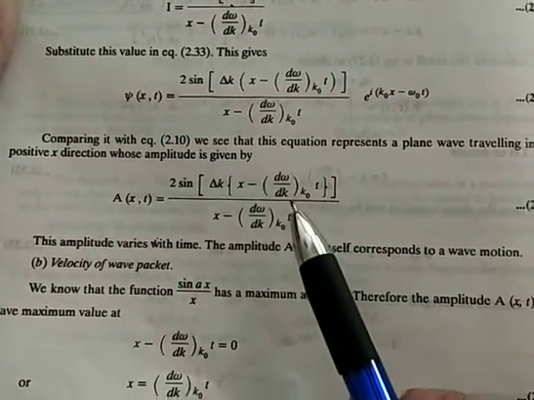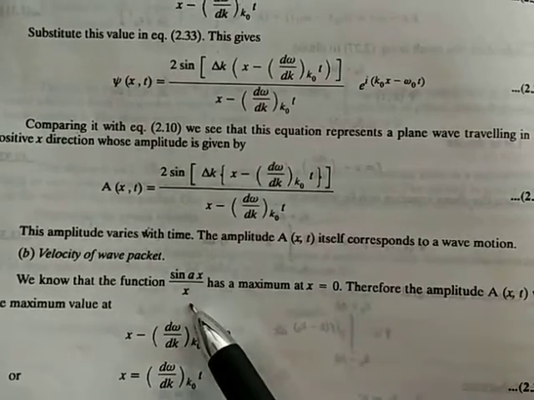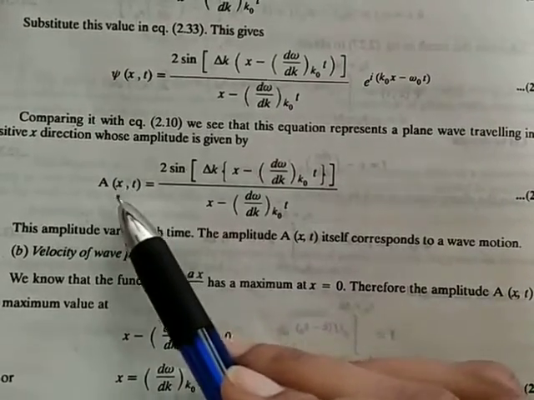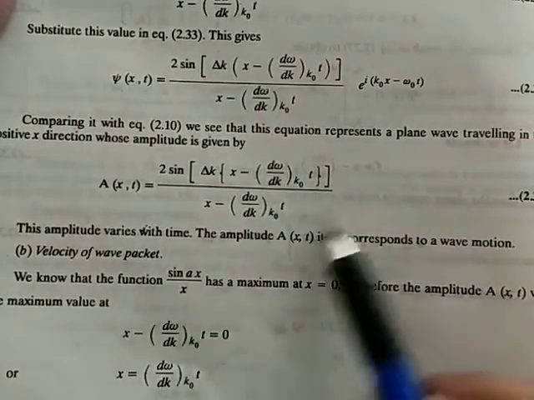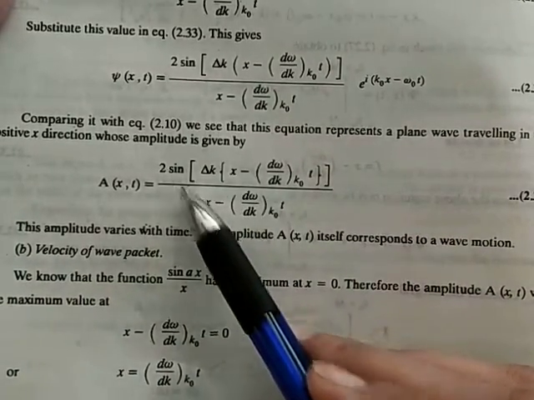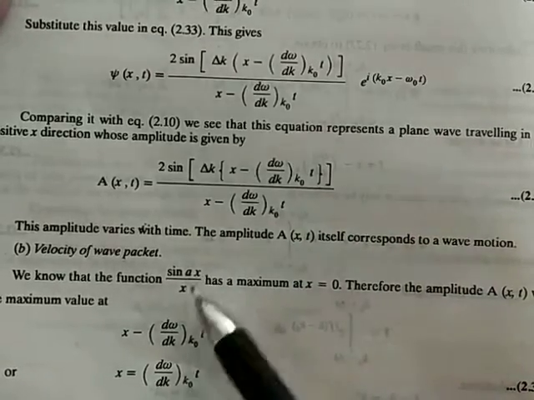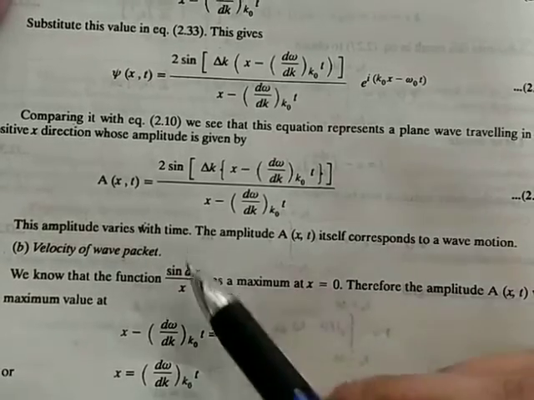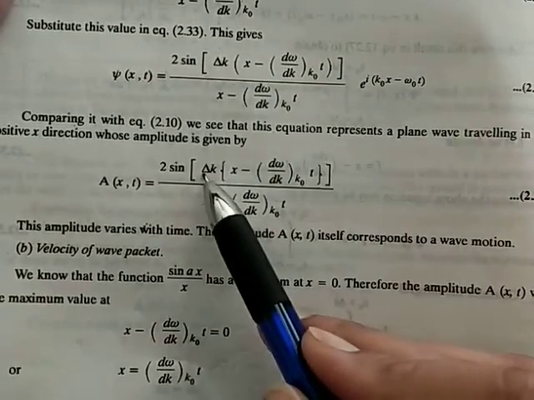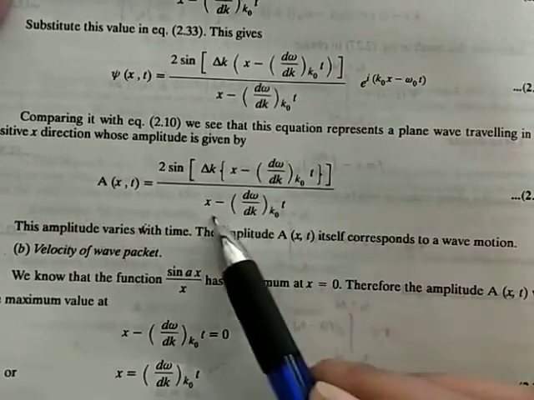We are now watching where sine ax by x, the amplitude, has the maximum value. The amplitude would have maximum value where sine ax by x is maximum, which is at x is equal to 0. If you compare it with this, you can see that this is the a and this is the whole x divided by x.